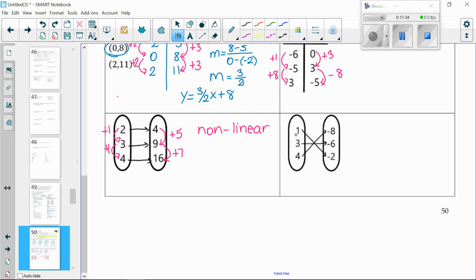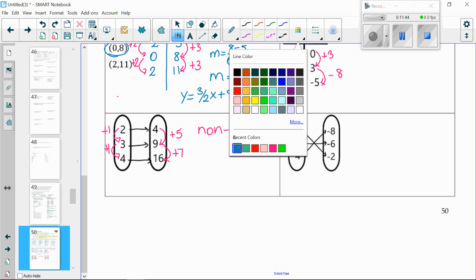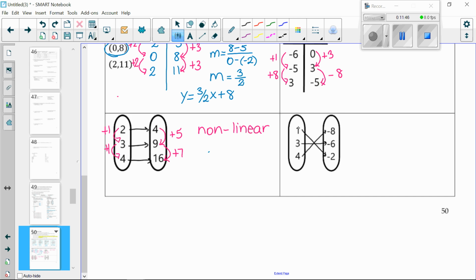So I've got a mapping diagram. So what I'm going to do is I'm going to write out the coordinates. So take a look. I've got 1 maps to -2. Here I've got 3 mapping to -6.